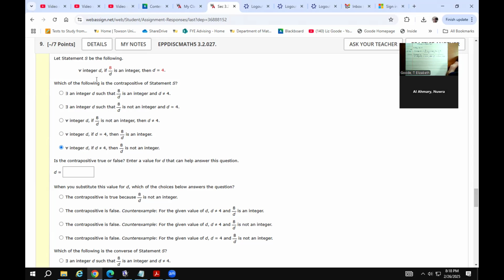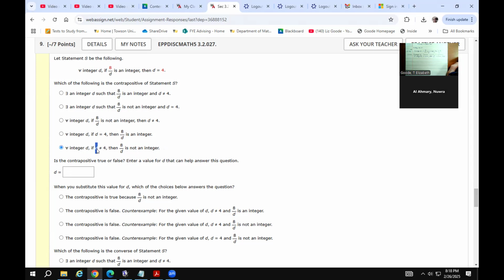That's right. The original is false, and the contrapositive is false because we can have that D is not 4 be true, but we can make 8 over D is not an integer false by finding a D that makes 8 over D an integer, right? So what would be a D that would work? We could use 4.